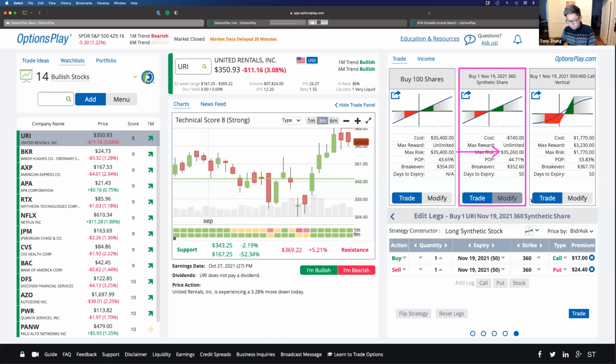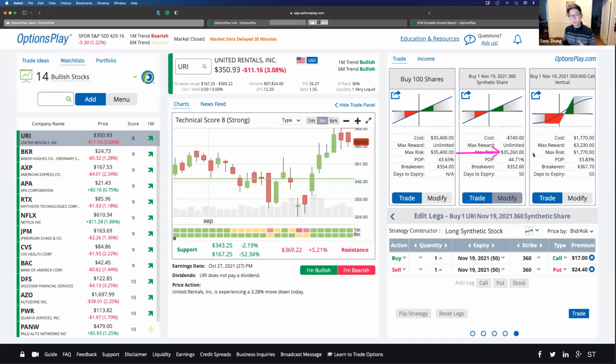The way that you should think about this is that if you trade a synthetic stock position and you don't have all the cash, meaning you don't have $35,000, what you're doing is you're taking a leverage position in that stock. So the question is, if you have limited capital, do you want to now leverage your capital even more? So that's the question only you can answer.